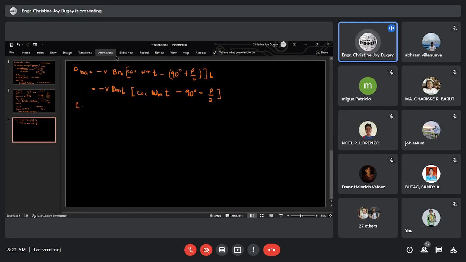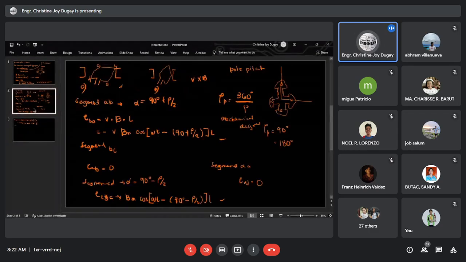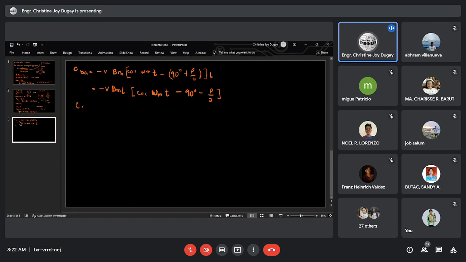And then let's go back to E. What is the other voltage we had earlier? That is EDC, sorry, I wrote it wrong here. It should be DC. So our EDC is equal to negative V Bm quantity cosine of omega m t, and then our angle is negative 90 less rho over 2.